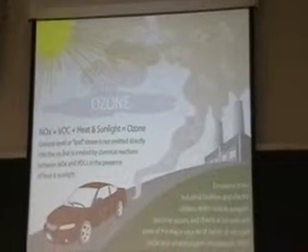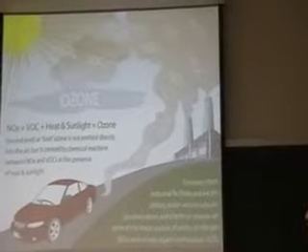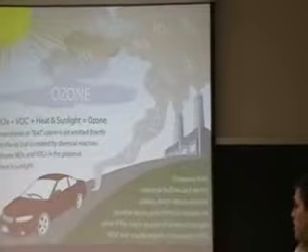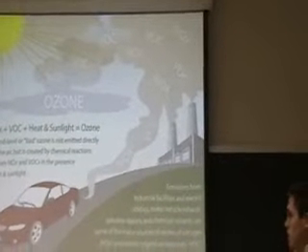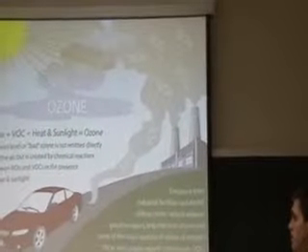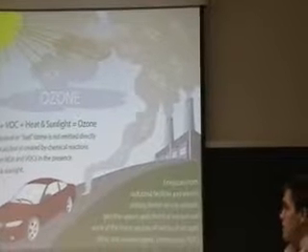This is just a basic overview about what happens in the process of photochemical smog, and we'll go more in depth into this. But I just want to give you a visual before we go into it. So basically, NOx and volatile organic compounds get broken down by heat and sunlight, and they produce ozone. This ground level or bad ozone is not emitted directly into the air, but it's created by chemical reactions.